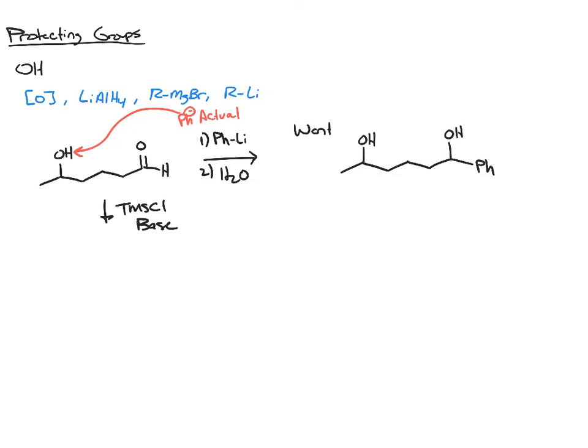All right, so TMSCl on a base. I don't know, there's a bunch of different bases you could use here. I think maybe we did pyridine in class. Okay, this only affects alcohols, so you don't have to worry about the aldehyde or anything else. We put this TMS group on the oxygen, and it basically renders that oxygen pretty inert.